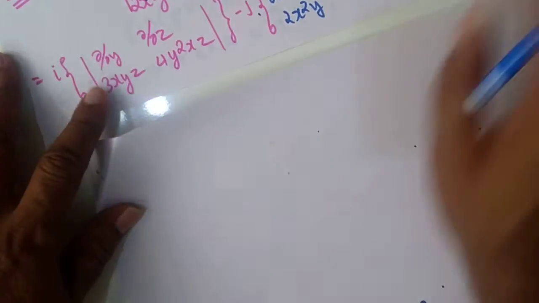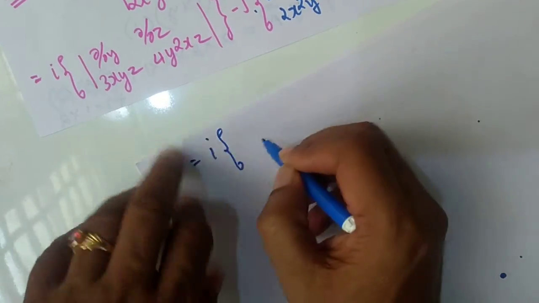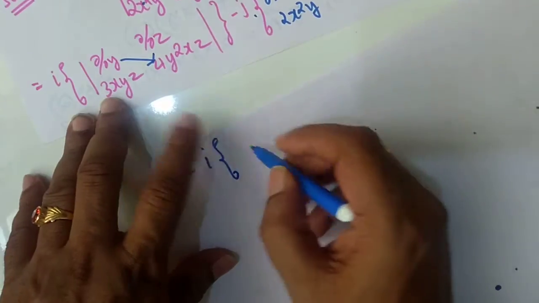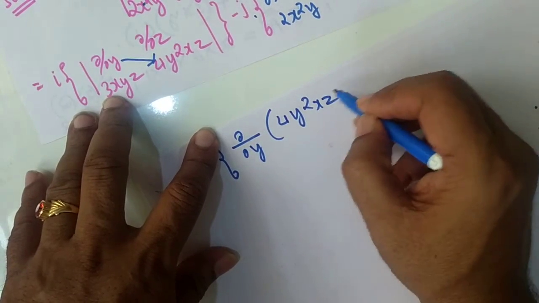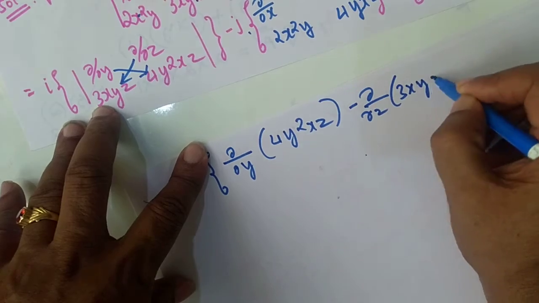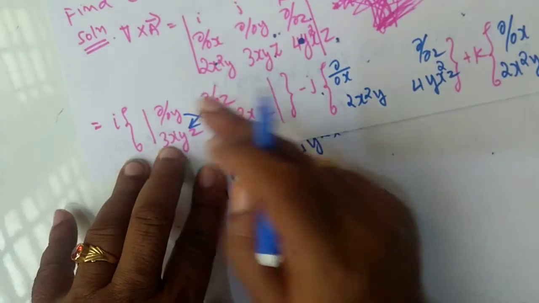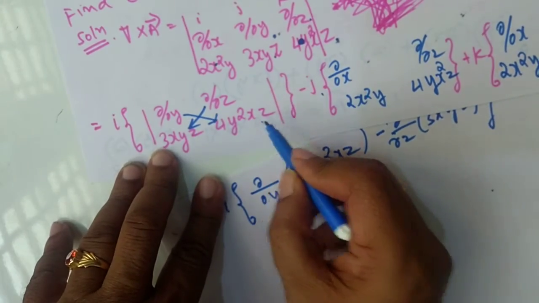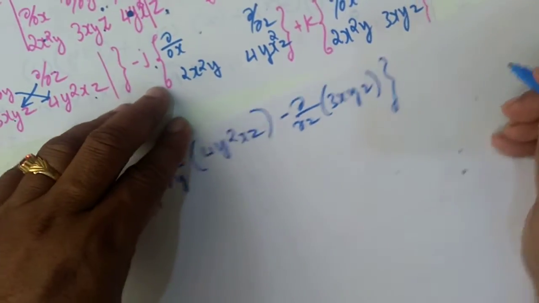Now what I have to do? I have to partially differentiate this. So for example, i into dou by dou y of 4y squared xz minus dou by dou z of 3xyz. I repeat, observe clearly, for the first determinant, dou by dou y of this one minus dou by dou z of this. That is how we are expanding the determinant, isn't it?